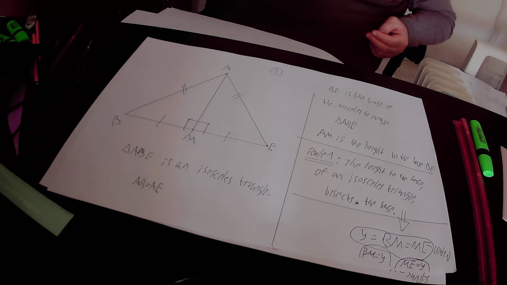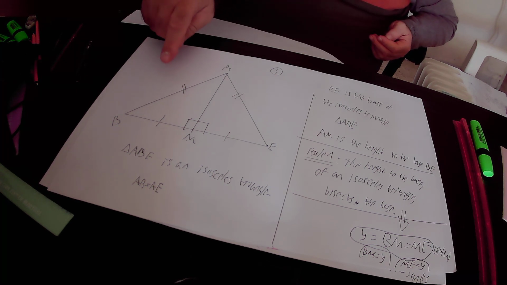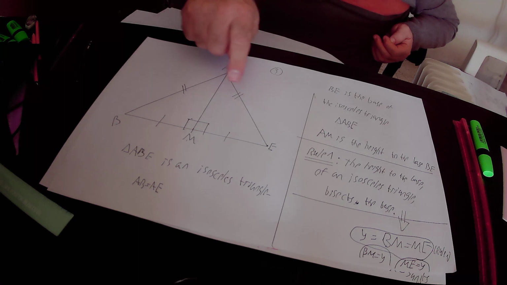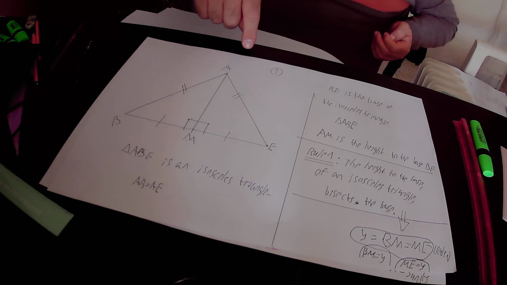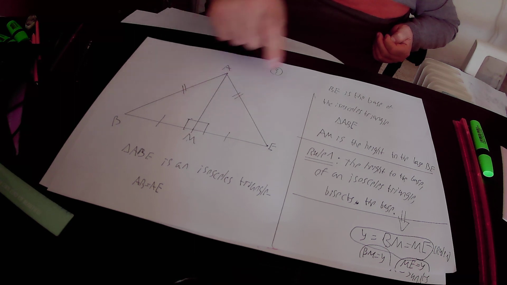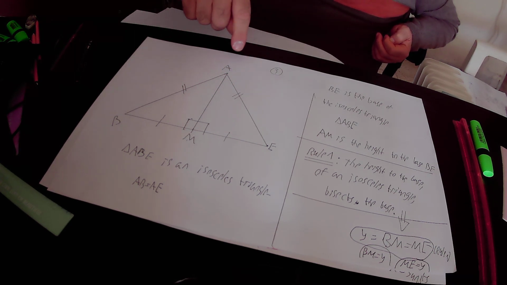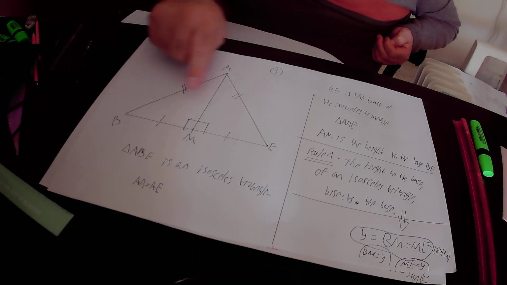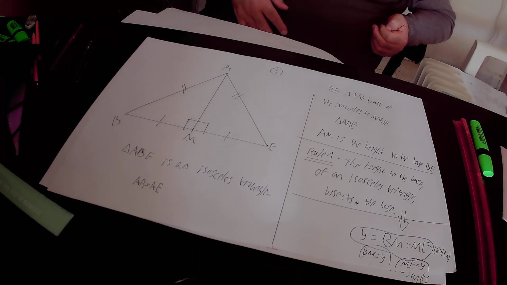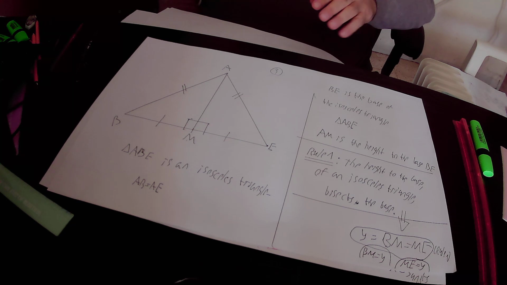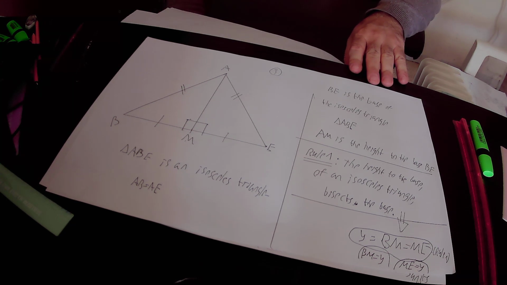That is to say, the perpendicular AM to the base, and the base is BE. So the perpendicular to the base AM is actually the height to the base BE. Okay? And BE is of course the base.